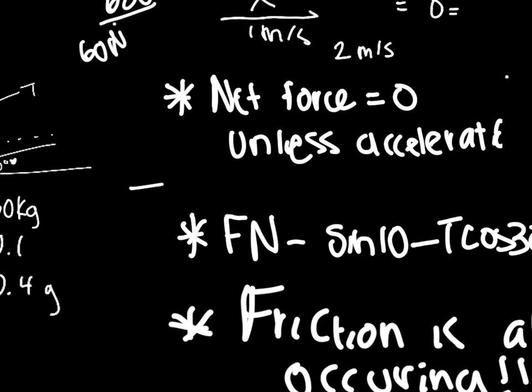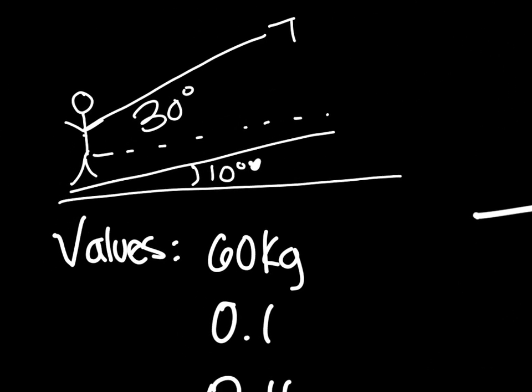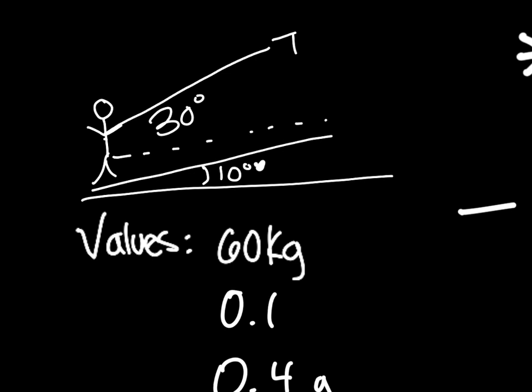Sine of 10. This seems like a random number to put out, right? But it's really not. Because if we look at the picture, we can see that Sammy is on an incline of 10 degrees. And this means that he doesn't actually weigh 60 kilograms. He weighs different from 60 kilograms. So what do you do to find that? Well, you find sine, right?